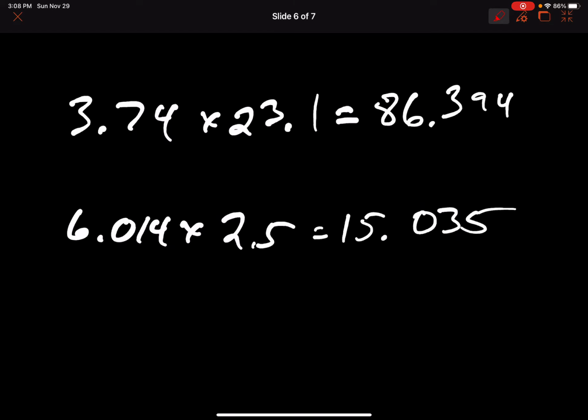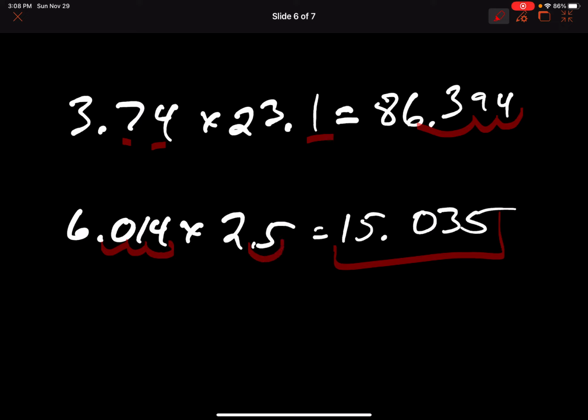All right, so I have 3.74 times 23.1, and it equals 86.394. Now, if I count the digits in the decimal places and I had multiplied, I could very well just hop these over and that ends up with the right answer. But this one has ended up with the wrong amount of decimal place values.